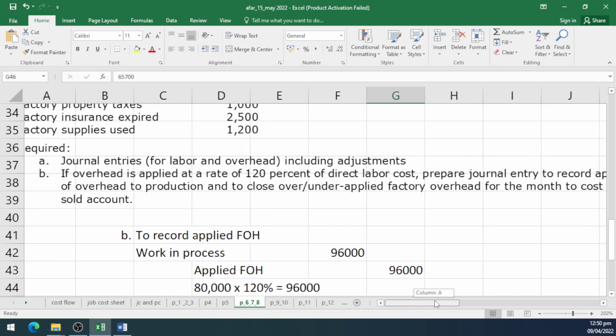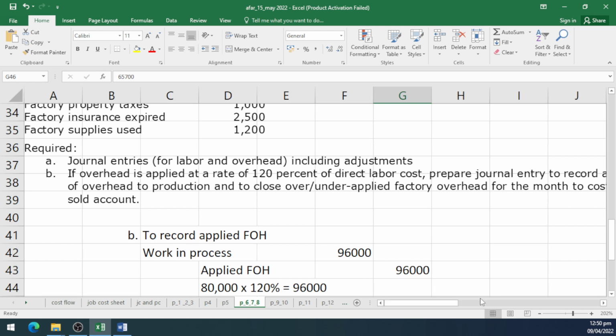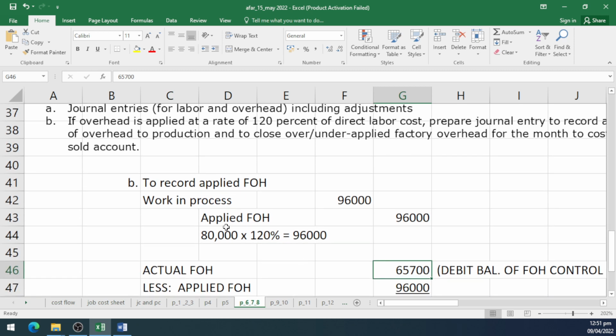This is normal costing, 120% of DL cost. And the entry to close over or under applied to cost of goods sold. Okay, so here is the entry to record the applied overhead. 80,000 yung ating DL times 120%. So your applied is 96. Debit to work in process, 96,000. And credit to applied factory overhead, 96.